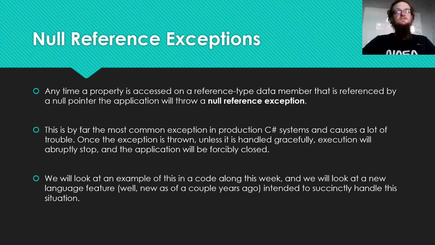Because to handle all possible null reference exceptions in every piece of code, you would have to have a try-catch around every access of every property that's a reference type in your entire code stack, and that would be a lot of try-catches. So null propagation allows for a little more graceful handling of this very, very, very common situation.